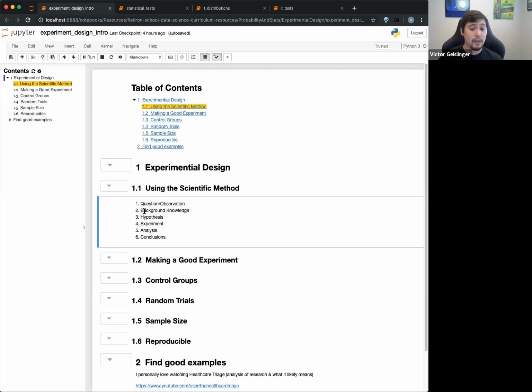And then an important part that people tend to forget is background knowledge. A lot of times we'll talk about it as domain knowledge as a data scientist, basically understanding the specifics of the situation I'm looking at. For example, if you are exploring housing prices, it's good to know what the real estate market looks like and what things I need to care about. If you're looking at the stock market, you should be familiar with the different terms and metrics that the stock market uses.